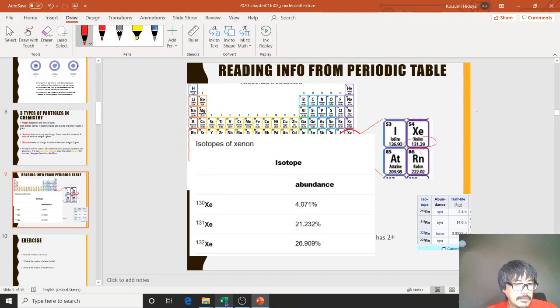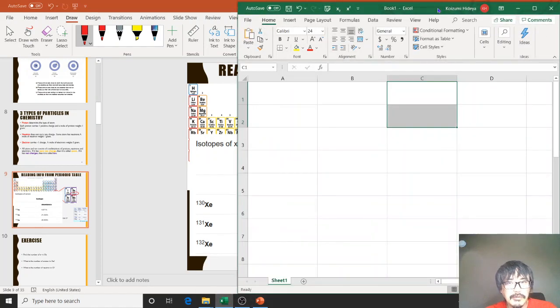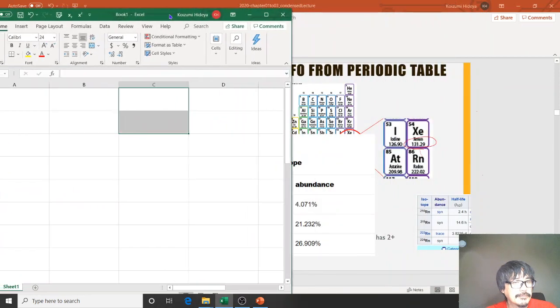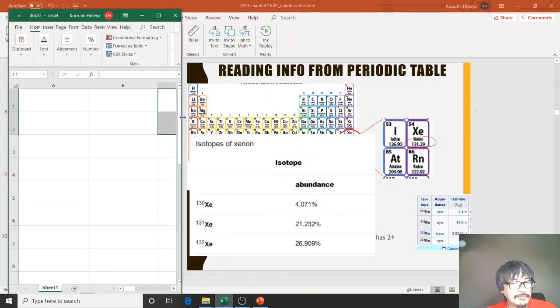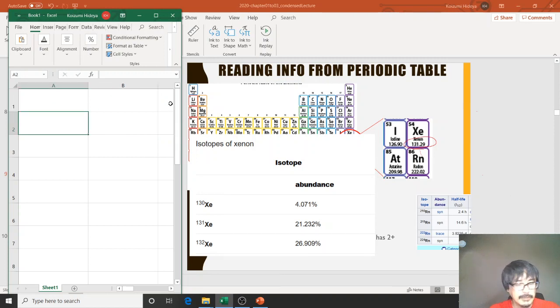So if I use Excel, if you don't mind, let's calculate this. 130 multiplied by 0.04, that's the 4%, plus 131 times 0.21, that's 21%, plus 132 times 27%. If I add all of these things up, oops, what did I do?